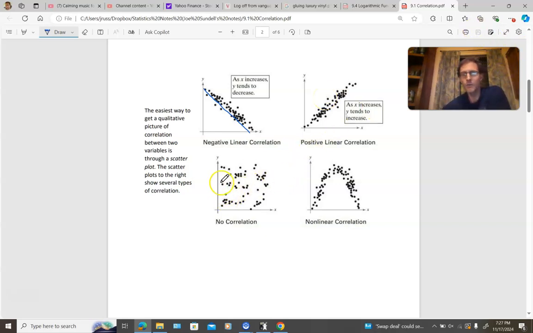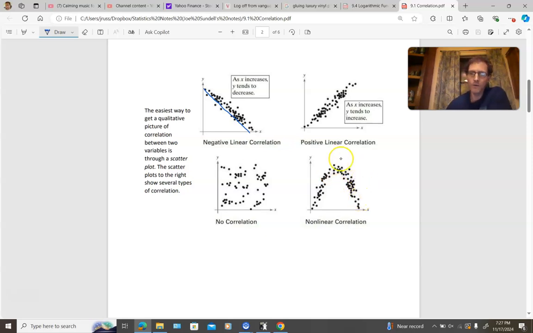And then down here we've got an example of a scatter plot in which there's not really a correlation. Okay, these points, they don't really form a coherent line. And then finally, this would be an example of nonlinear correlation. So there is definitely some correlation here.